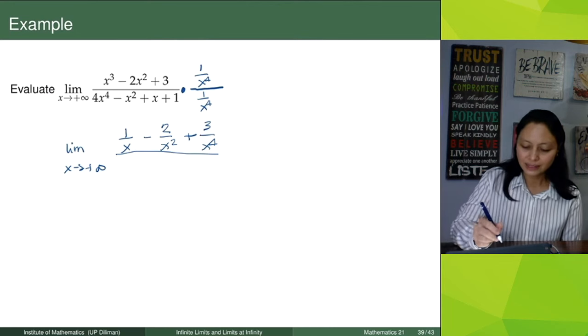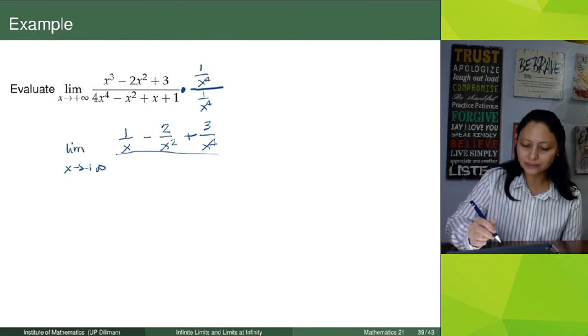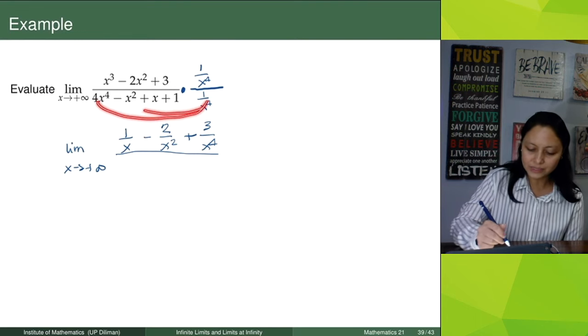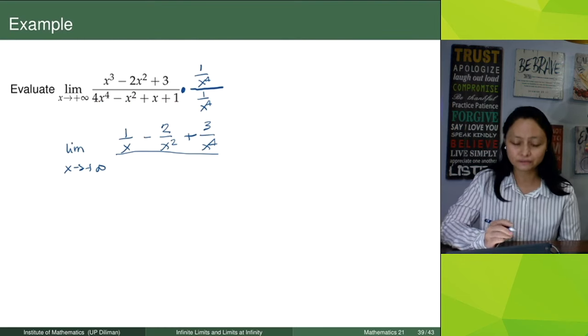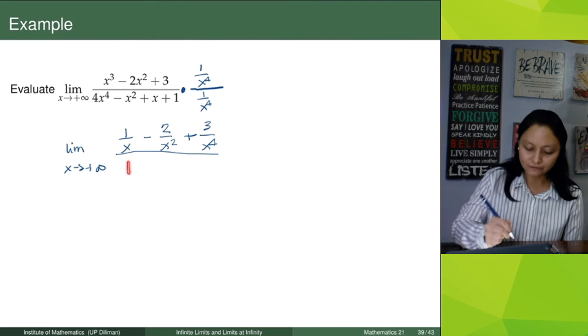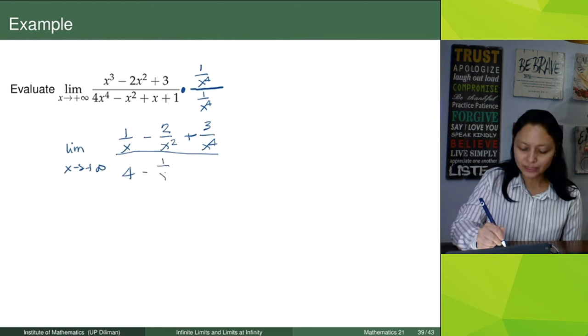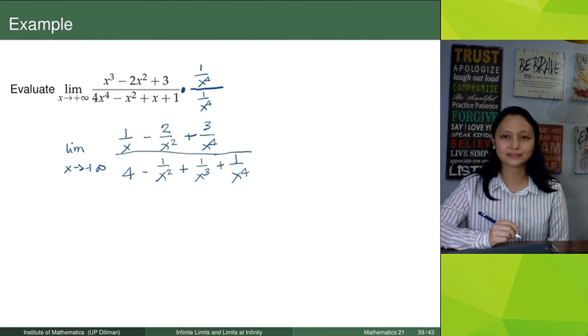Okay? Sa denominator din, so we distribute or multiply each of the terms by 1 over x to the fourth. Parang i-divide natin by x to the fourth yung bawat term. So, you have 4 minus 1 over x squared plus 1 over x cubed plus 1 over x to the fourth.